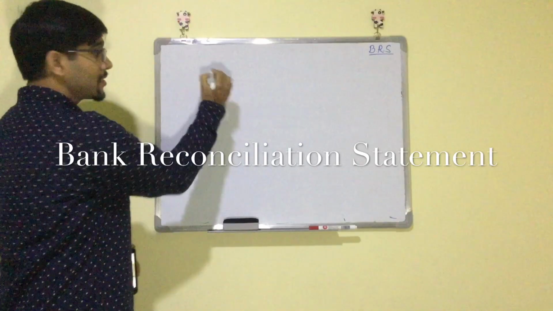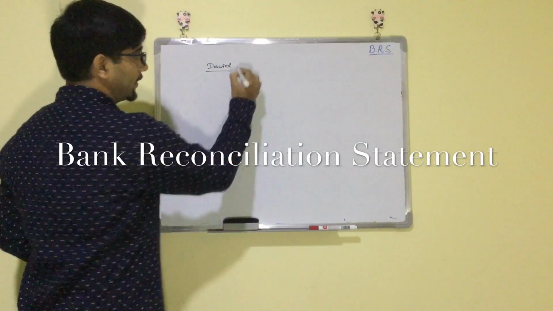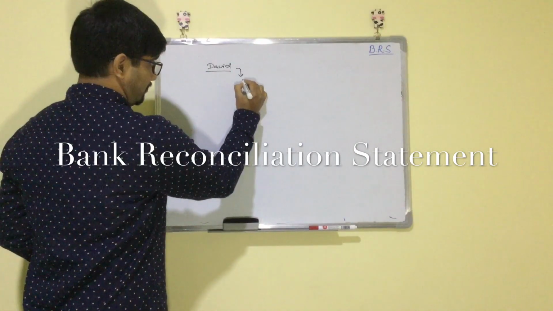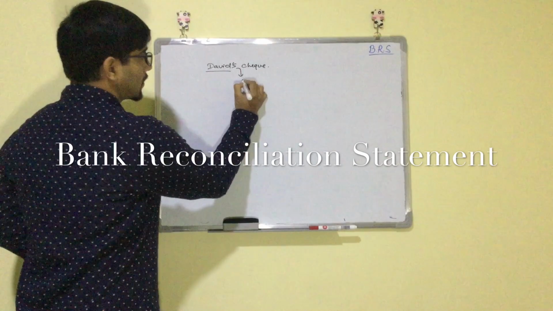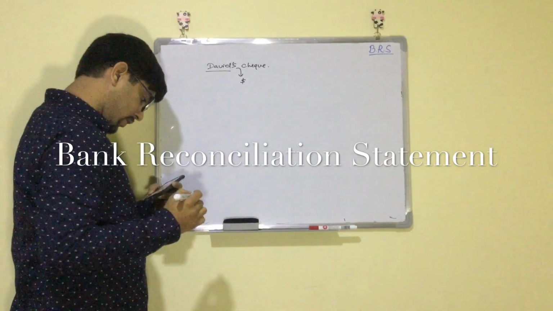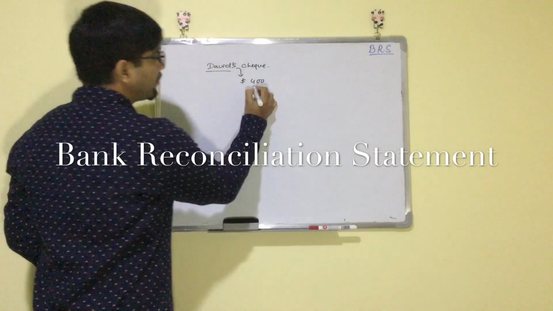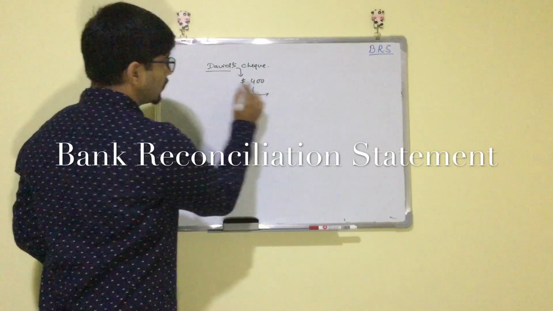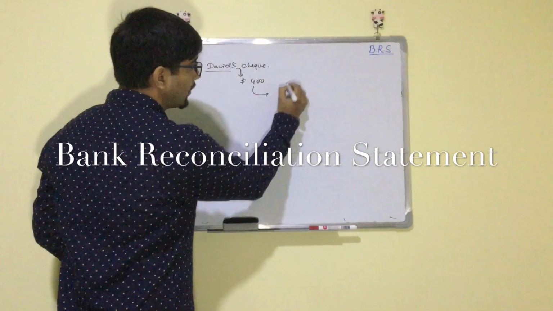First, our customer David makes a payment by check. David's check is for $400. We deposit this. When we receive a check, we make an entry in our cash book.